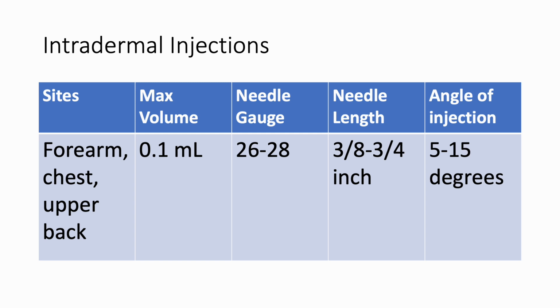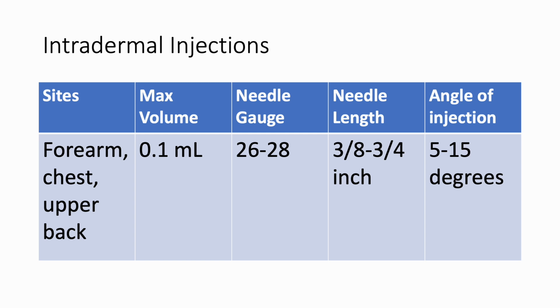Most nurses use the patient's non-dominant forearm for TB screening for these injections. You can also use the chest and the upper back; the forearms can be used for the intradermal injection. So everything on these slides about these routes you need to know, okay? So sites for an intradermal injection: forearm, chest, upper back.